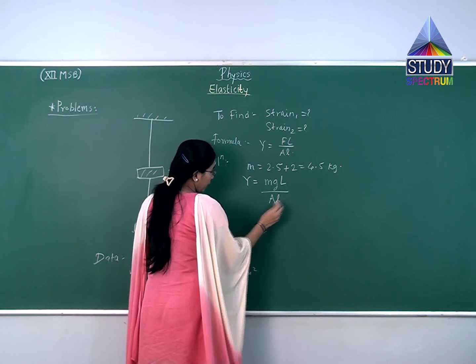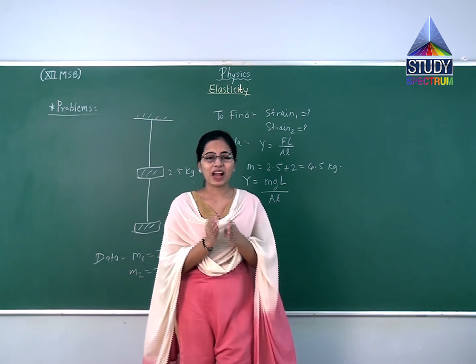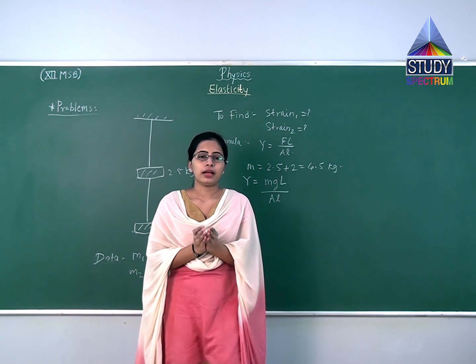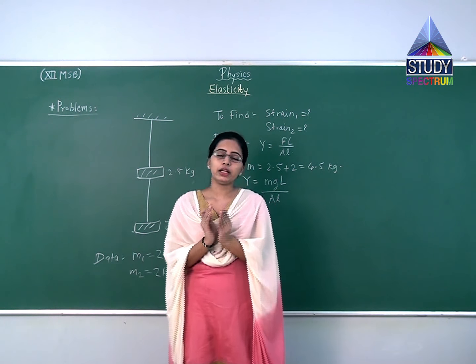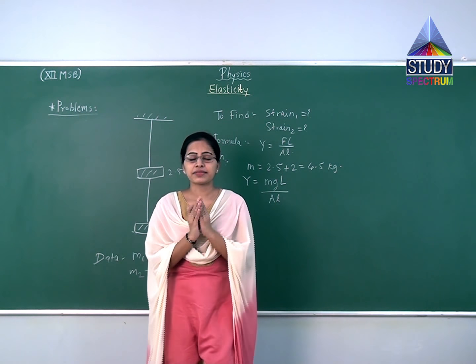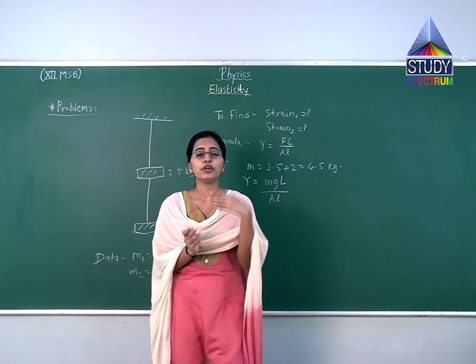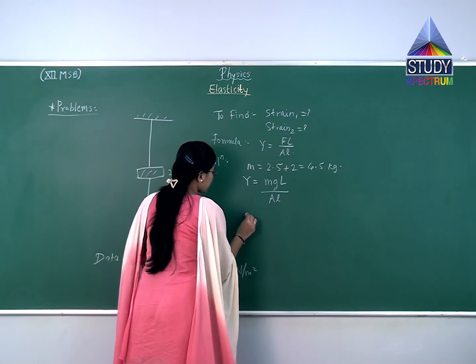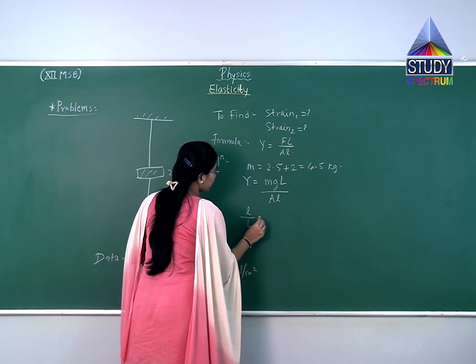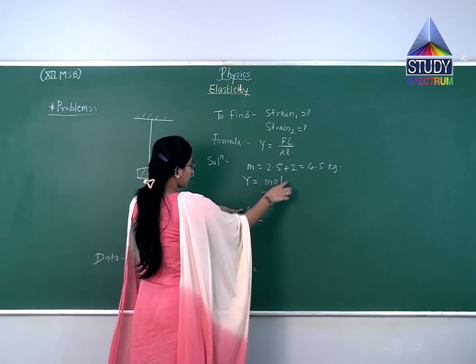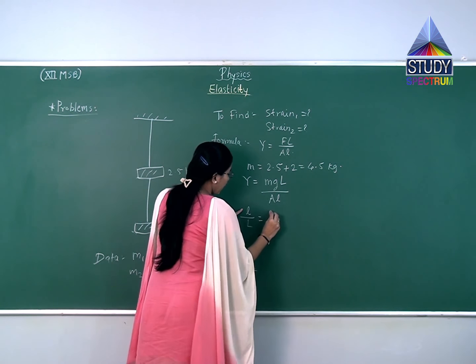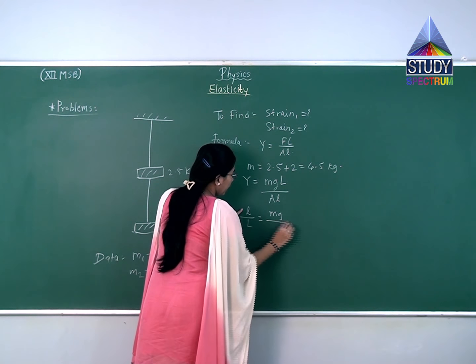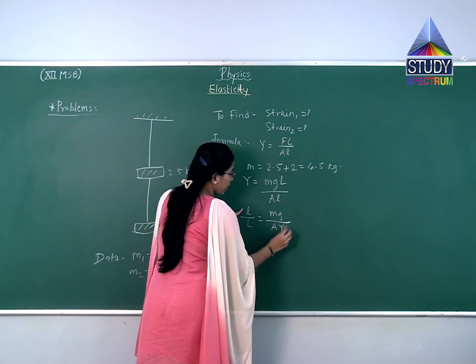So here remember we have to find out strain, and this strain is definitely longitudinal strain. That means we have to find out the ratio of small l to capital L. So I will take small l and capital L here. So this will come here and this will go down, and I will get mg upon AY.